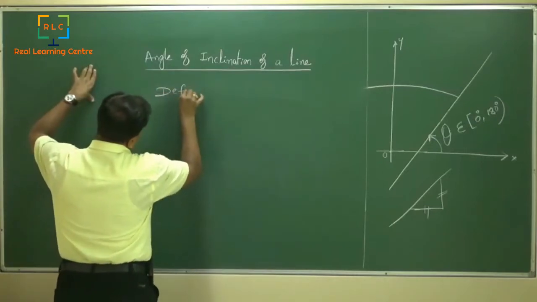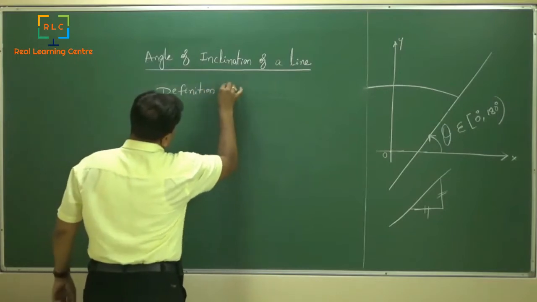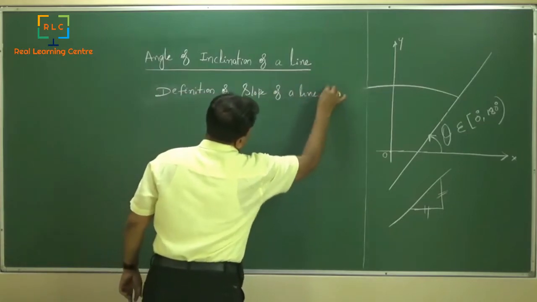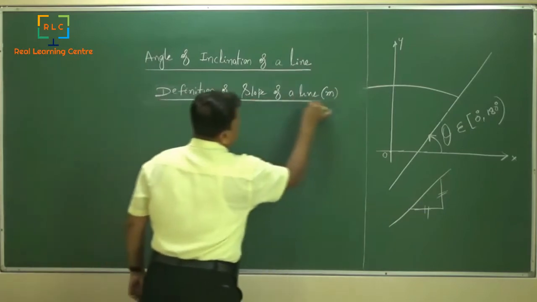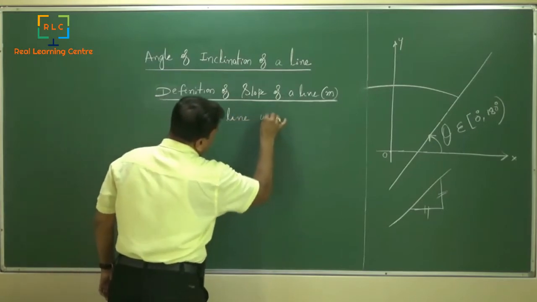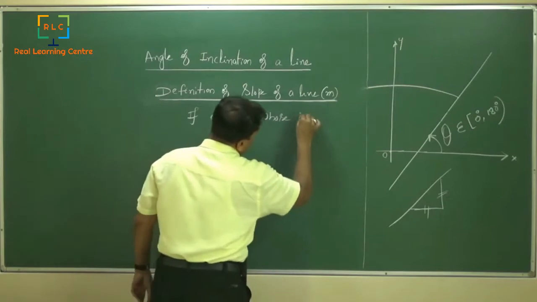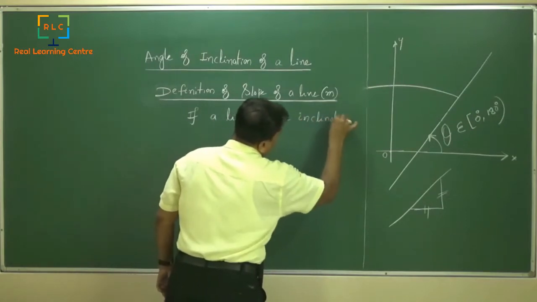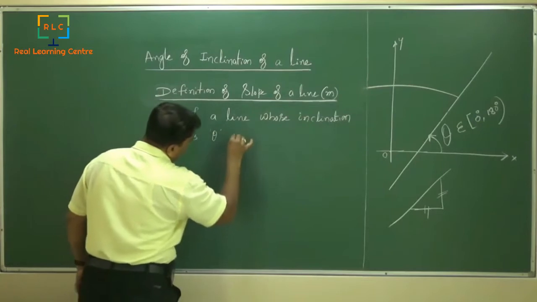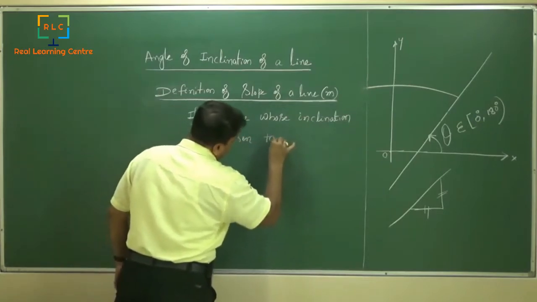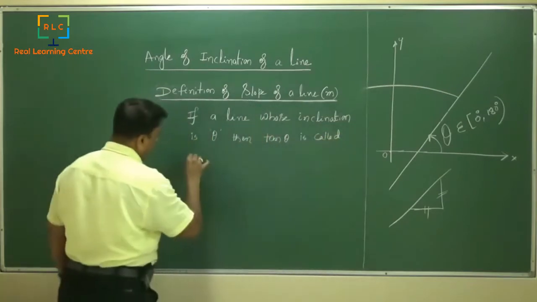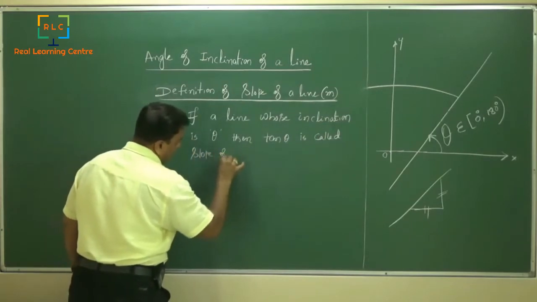Definition of slope of a line: if a line whose inclination is theta, then tan of theta, the tangent of the inclination, is called the slope of the line.